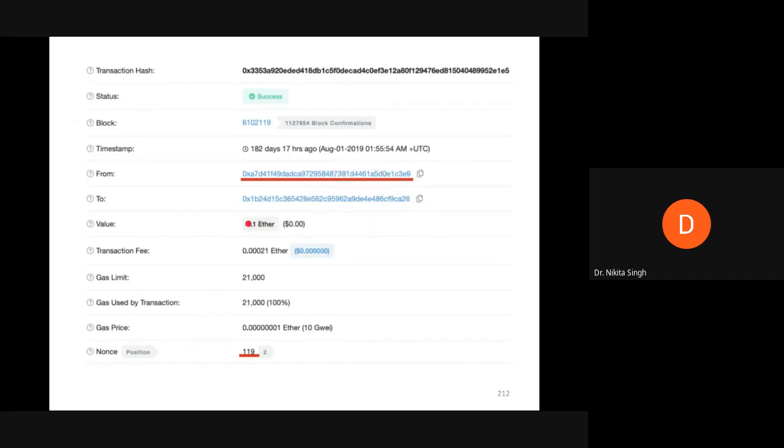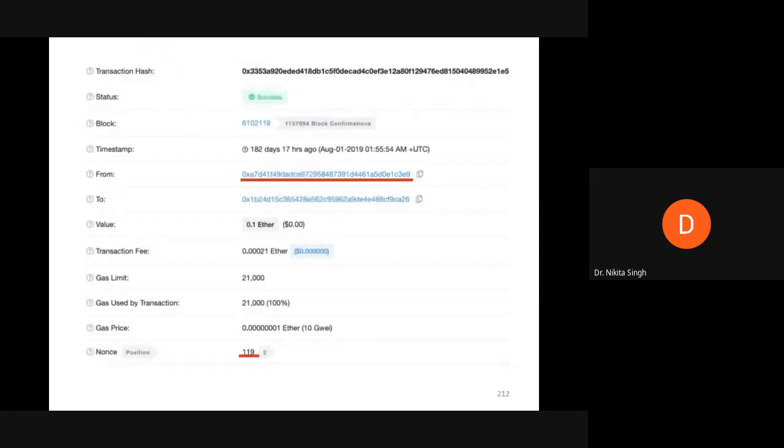You are receiving ether. You are not transferring ether. You are not sending ether. So when you're not sending ether, your nonce value will not increment. So this nonce is the counter for this address here. It is not the counter for your address because you are the recipient, you are not the sender.